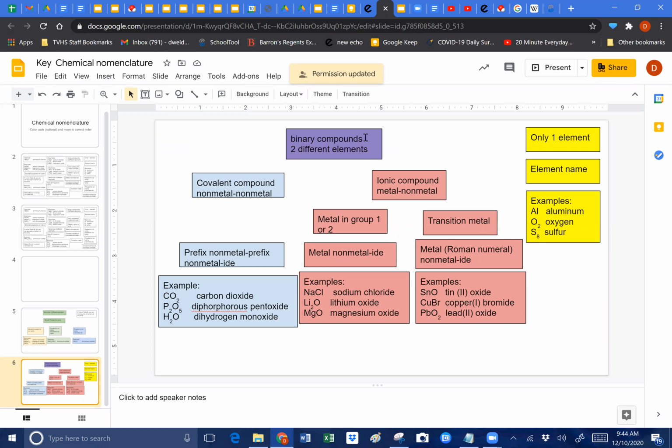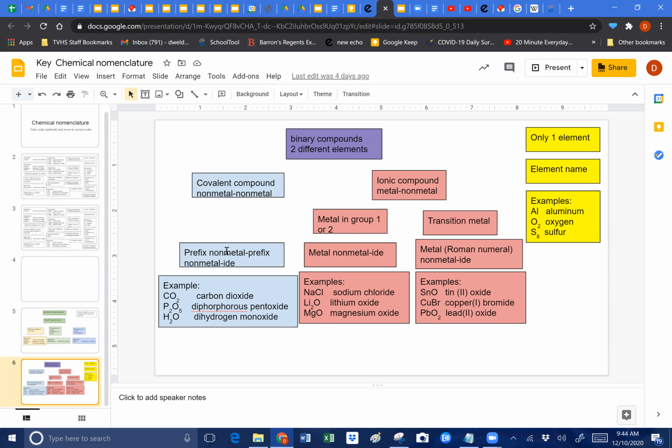For example, for binary compounds, which are two different elements, you have covalent, which are non-metal compounds, and you name them by using the prefix, and then the first non-metal, a prefix, the second non-metal with the ending of "ide." And here's some examples: carbon dioxide, diphosphorus pentoxide.